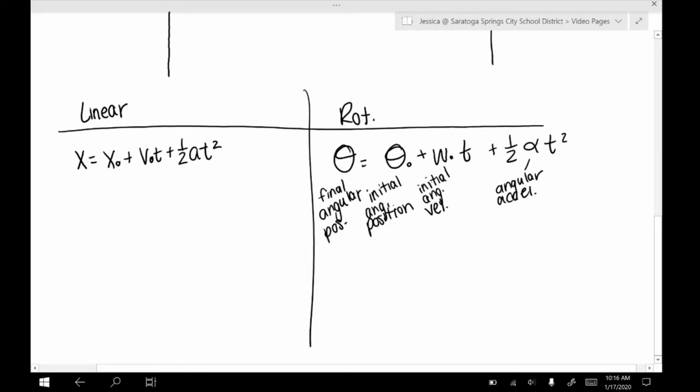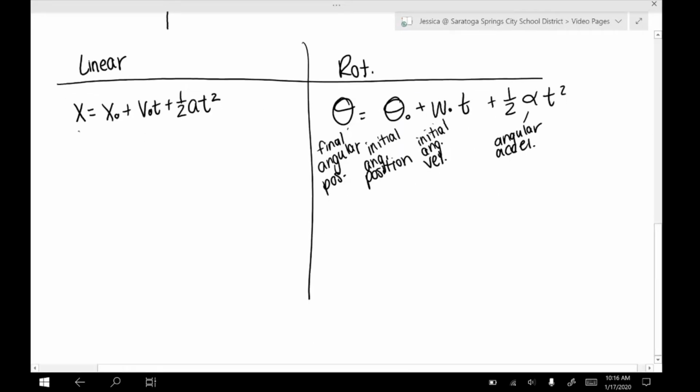Okay, so I've basically taken the linear equation and replaced it with all of my rotational variables. This equation and all of the other kinematics equations for rotation are not on your reference table, but they sort of are because they're kind of hidden in the linear stuff.